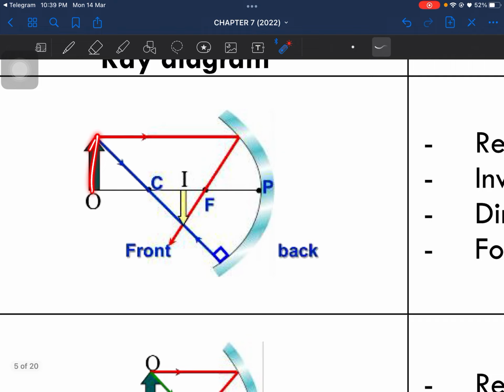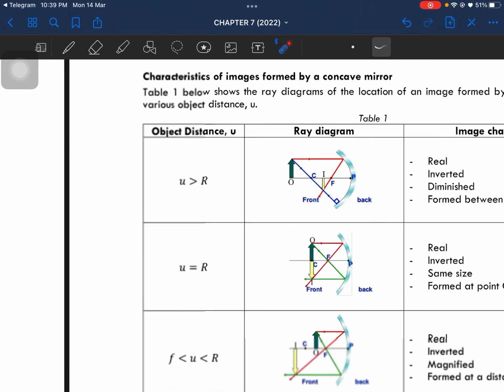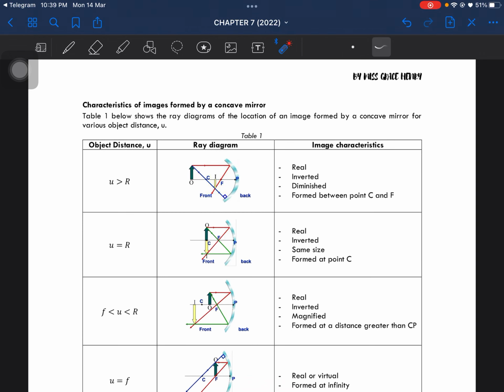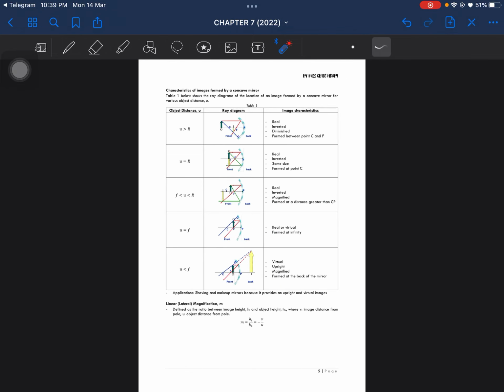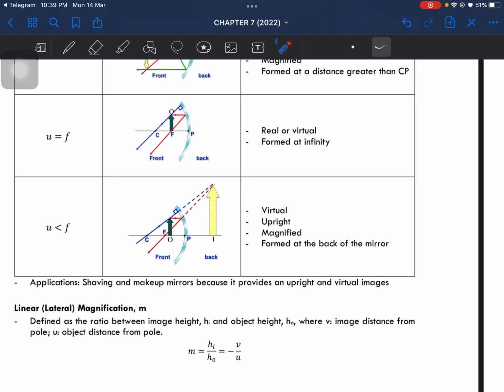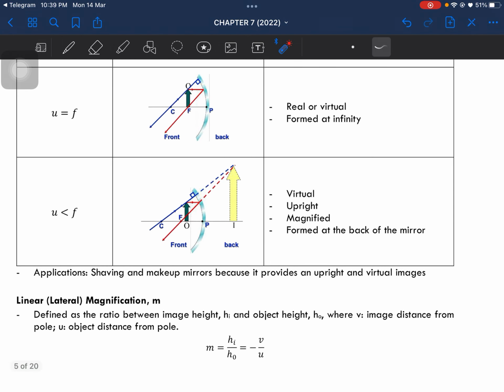If you look at the size, it is smaller than the object, so it is diminished, and it is formed between point C and F. The applications are shaving and makeup mirrors, since it provides an upright and virtual image.